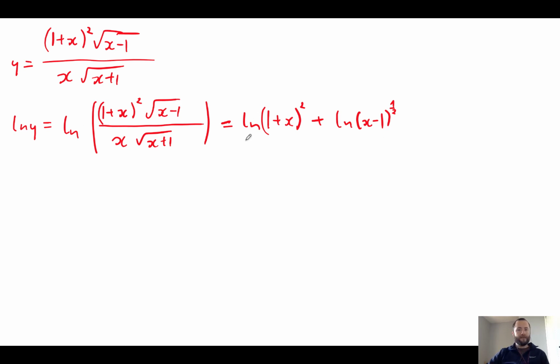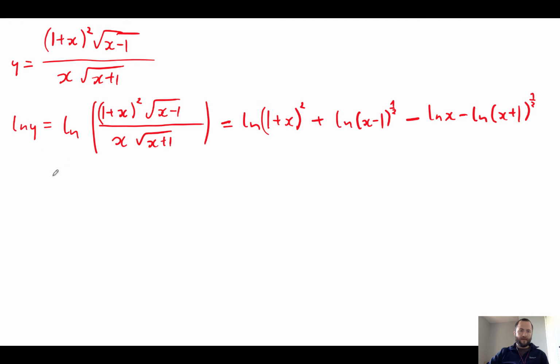And then if I have a division, I put a minus in front of it, and again here we have another product, so that will be plus. So ln of x plus, but we have minus in front of this expression, so it will be minus again, ln of x plus 1, all to a power of half.